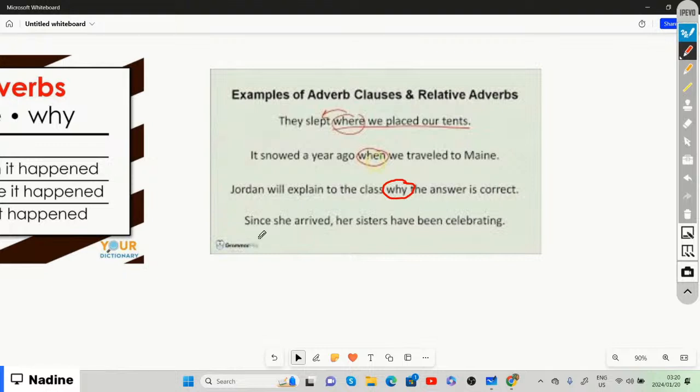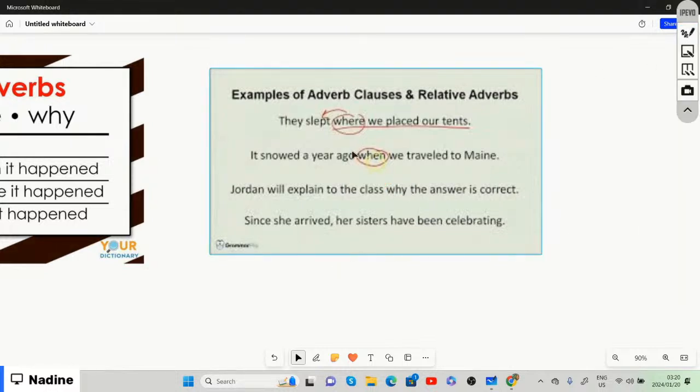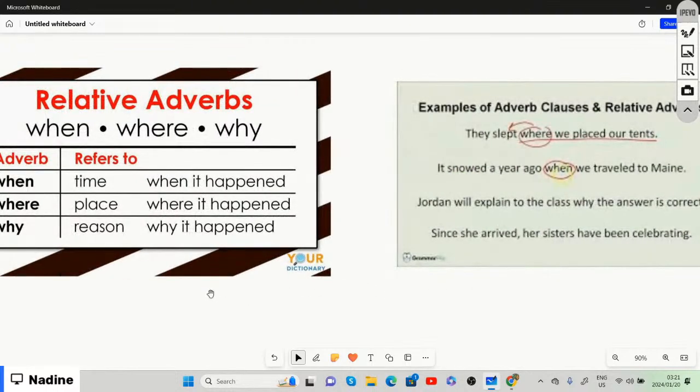Since she arrived, her sisters have been celebrating, right? So since she arrived, her sisters have been celebrating.